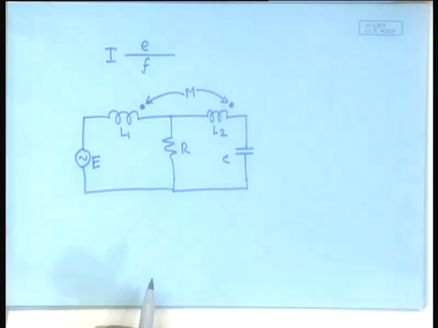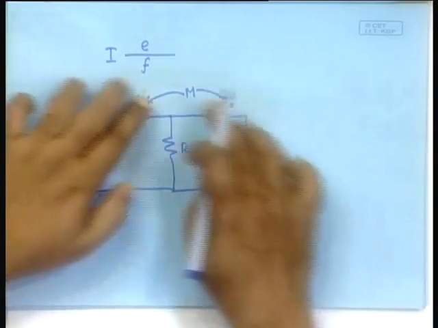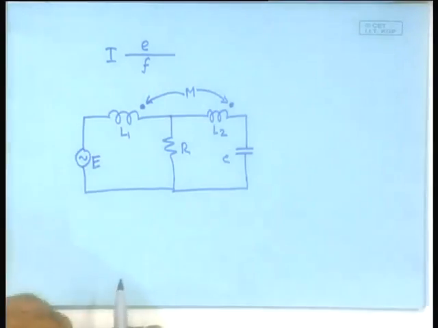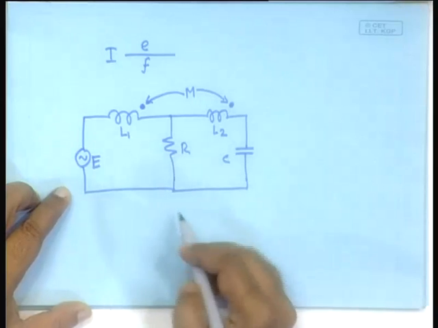Now, how will we do it? If you try to obtain the bond graph directly, you will say, okay, if I ignore this M part, we will do it simply like this.